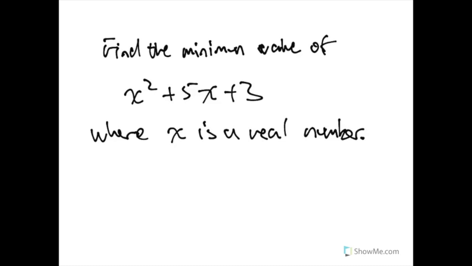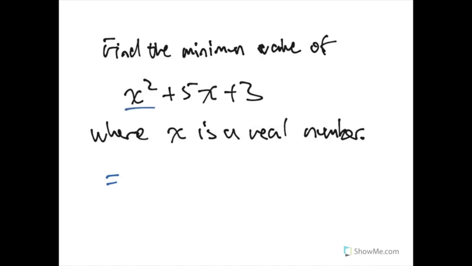This is a relatively easy problem if you know what you're doing, but I'll just use this as an intro into how you can use perfecting the square to solve this kind of problem. So, as hinted, a good method to use is to perfect the square here.